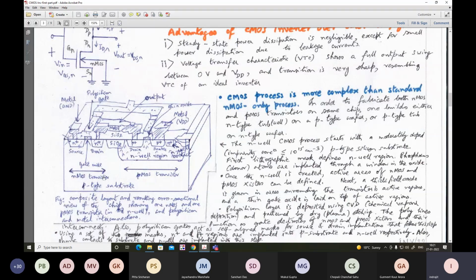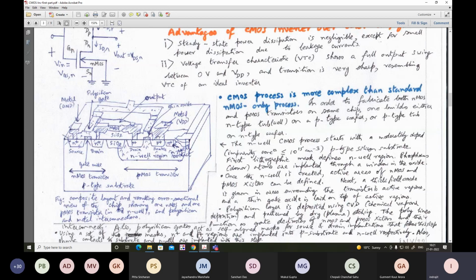Lightly doped means maybe less than or equal to 10 to the power 15 per cc. Then the first mask will be that of the N-well. So you uniformly cover it with oxide, etch out the oxide based on the area needed for the N-well region. There you deposit the N-well region by ion implantation.